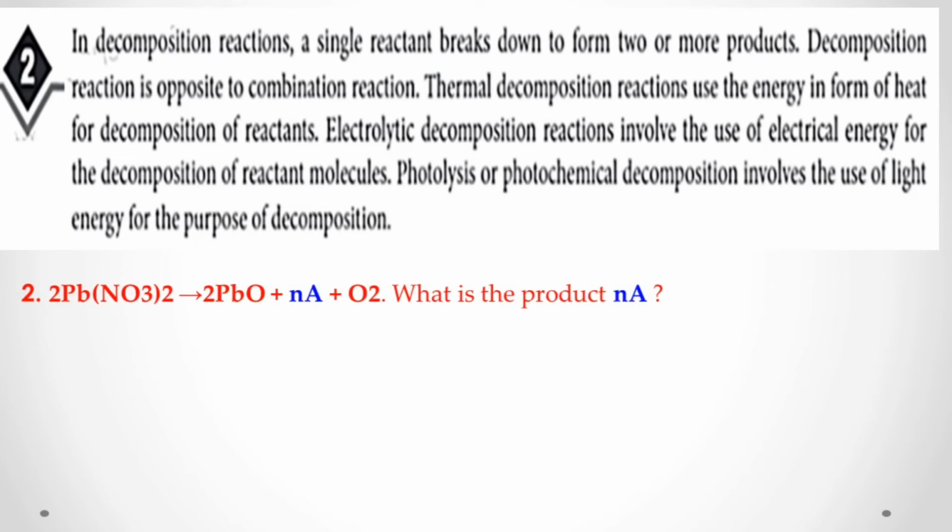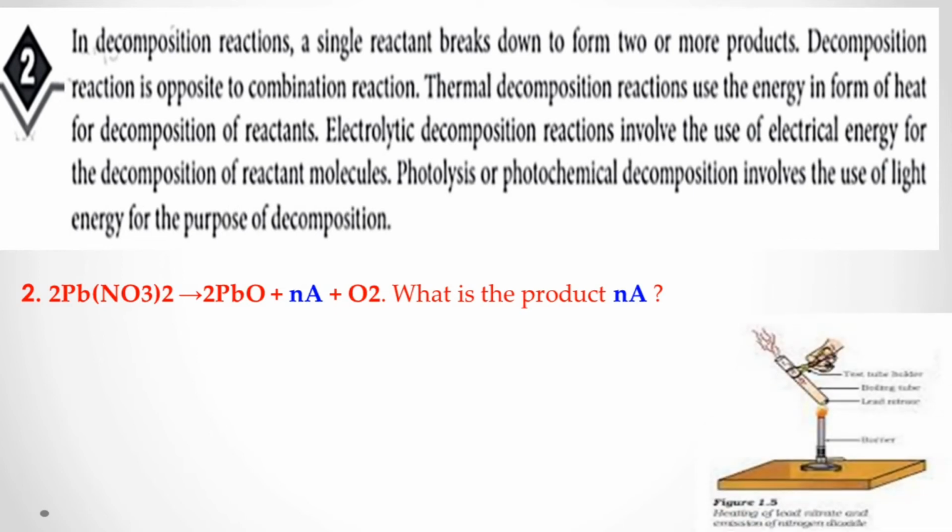Second question, 2 Pb(NO3)2 gives 2 PbO plus A plus O2. What is the product A? If you can recall, this is the decomposition reaction of lead nitrate. Check activity 1.6 or figure 1.5 of your NCERT science textbook. There, the decomposition of lead nitrate is given.